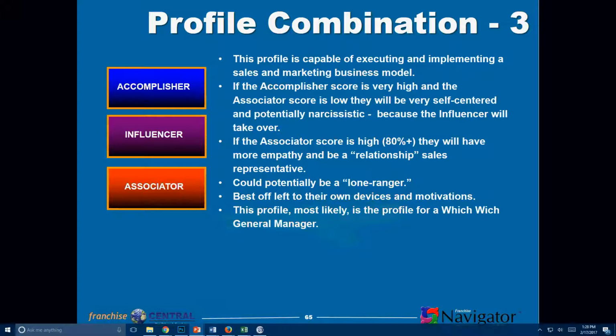This is the sales and marketing. This is ideal for somebody who's in a sales and marketing role. By the way, with Window Genie out of Cincinnati, Rick Nonnell, the president and the founder, is incredibly analytical. And when we did the profiling, when we did the benchmarking and created his profile, and now that he's got time under his belt using it, he has discovered that, yeah, this is very important, but it's the influencer scores.